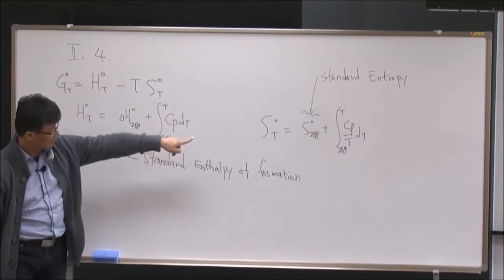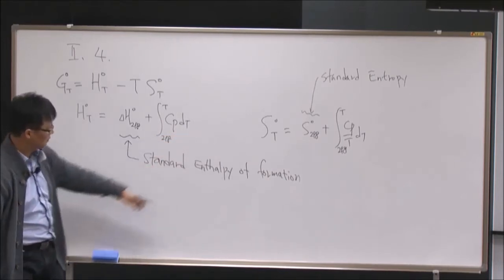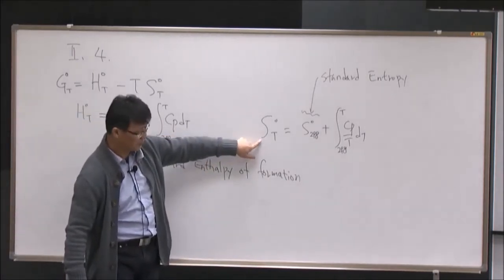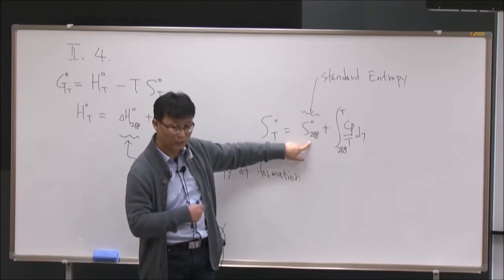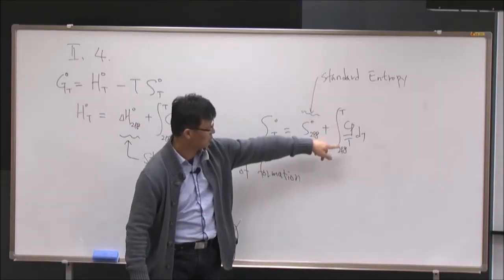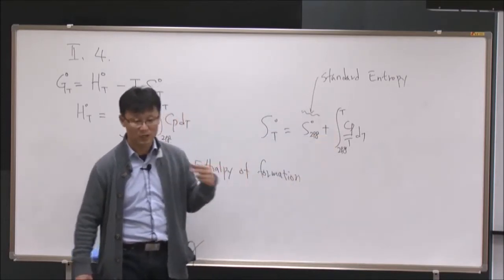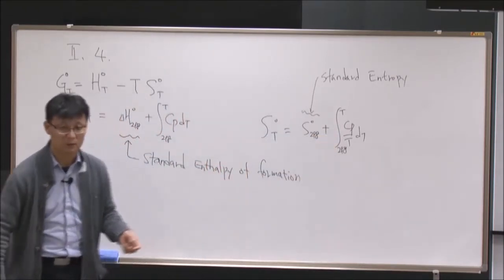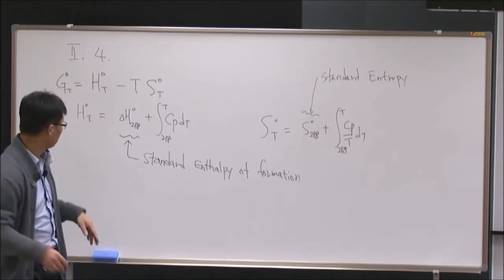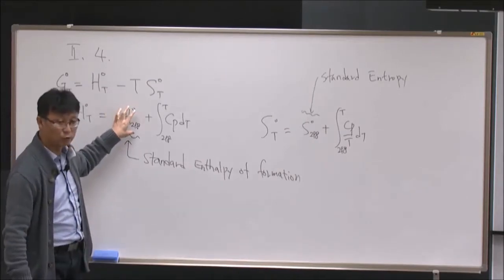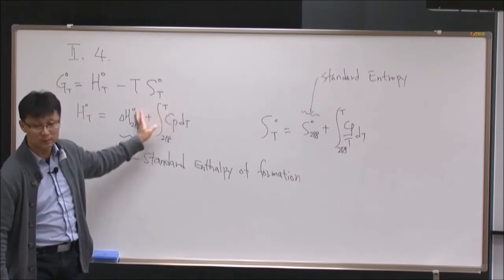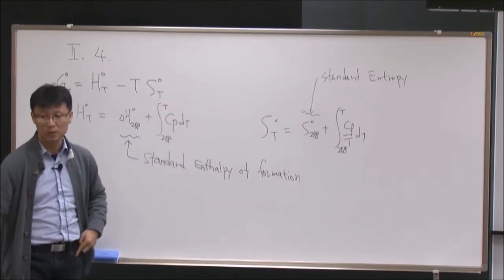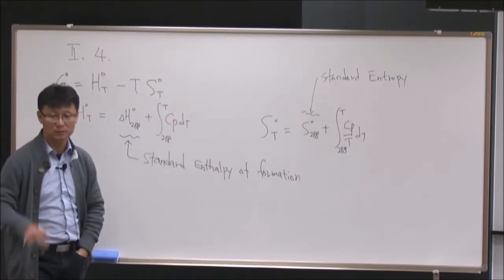And same thing for entropy: the molar entropy at the given temperature is the standard molar entropy plus the integral of Cp over T, and Cp is the molar heat capacity in that case. Okay? If you have many moles of that, you can just multiply, n moles of the standard molar enthalpy plus n moles of the Cp integral. Then you can get multiple moles of the material.